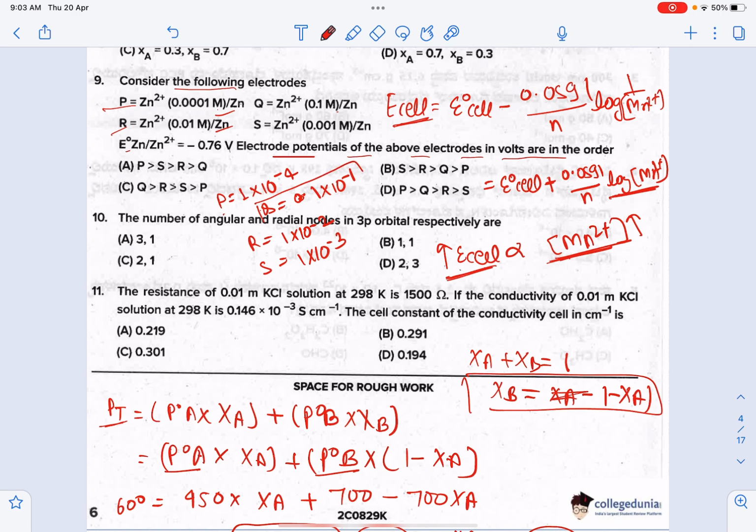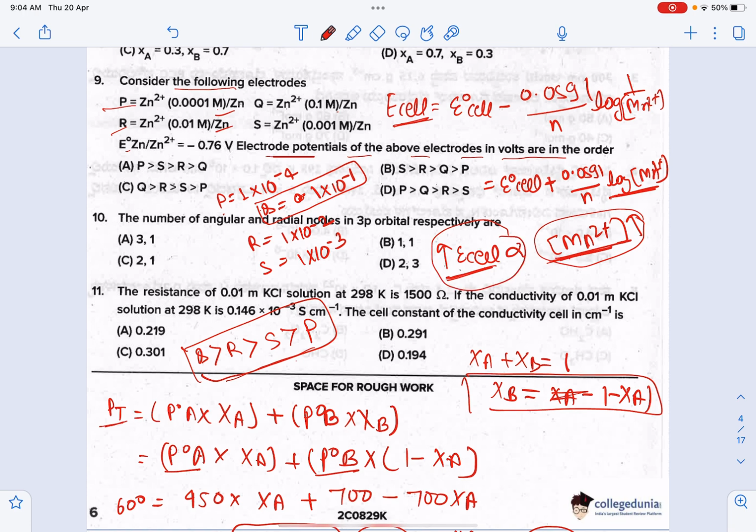Here Q has the highest concentration. When we arrange them according to concentration, Q will have the maximum value, after that R, then S, and the lowest concentration is of P. This is the order of concentration of metal ion, and as I told you, if the concentration of metal ion is high, then E cell will also be high.